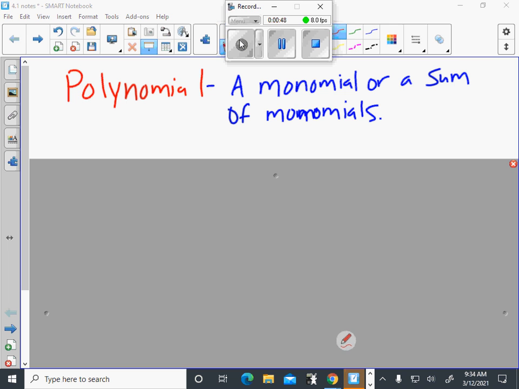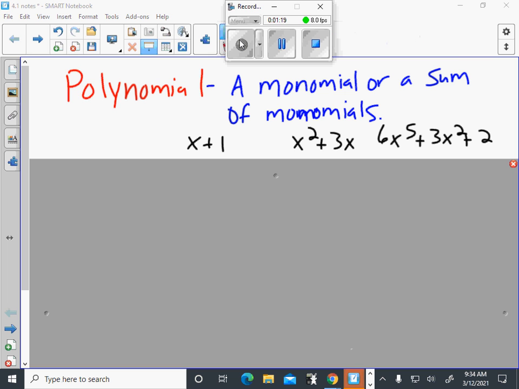If we have just the letter x, that's a polynomial. Or x plus 1, that's a binomial. If we had x squared plus 3x, that's a polynomial. If we had 6x to the 5th plus 3x squared plus 2, that's a polynomial. So these are what polynomials look like.